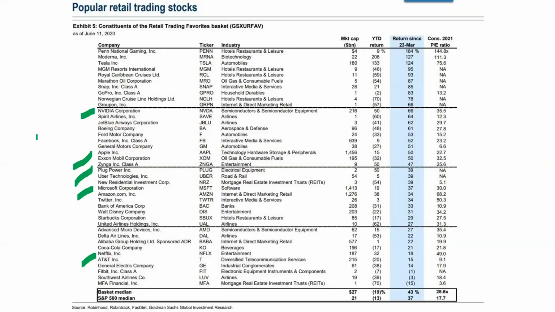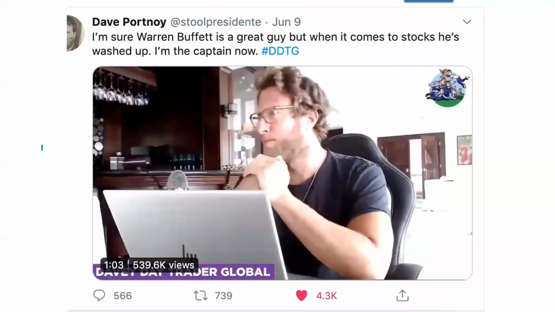Well, why has this happened? And why are the institutions so interested in this trade flow and are willing to pay money to get this trade flow information? Well, there's a gentleman, Dave Portnoy, who is Barstool Sports. And when the sports industry got shut down during the COVID crisis, Mr. Portnoy had turned his attention to trading stocks.